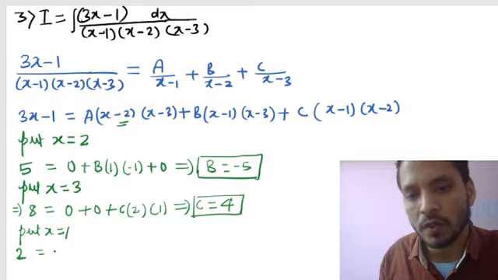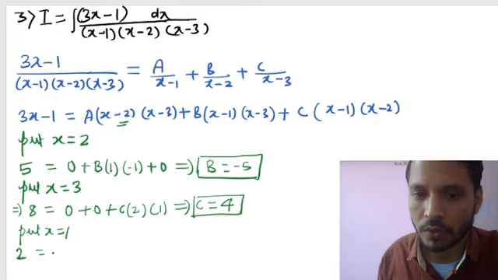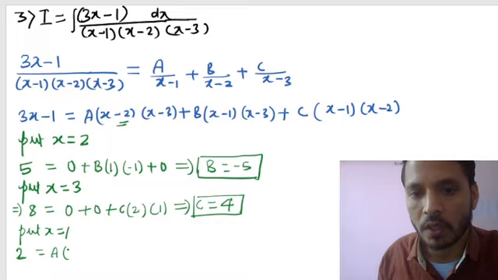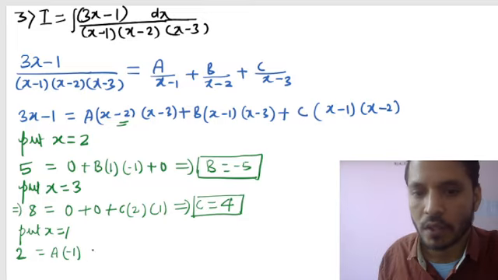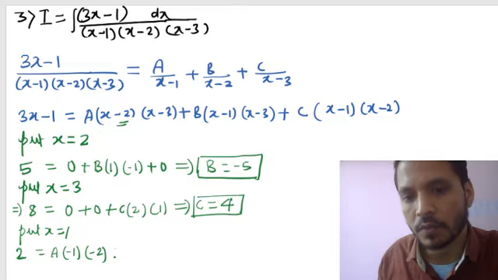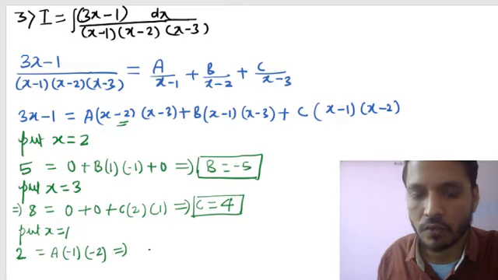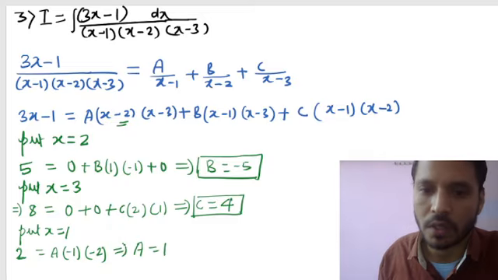Only a will remain, so a into 1 minus 2, it will become minus 1, into 1 minus 3, that means minus 2. So from here 2 and 2 will get cancelled out, that means a is equal to 1. A is equal to 1.